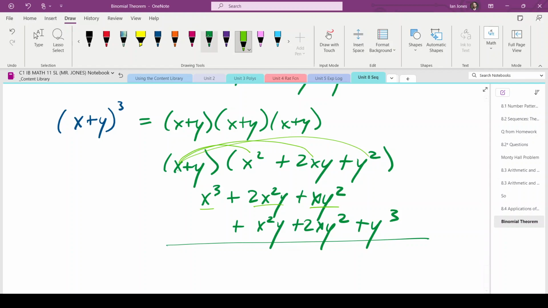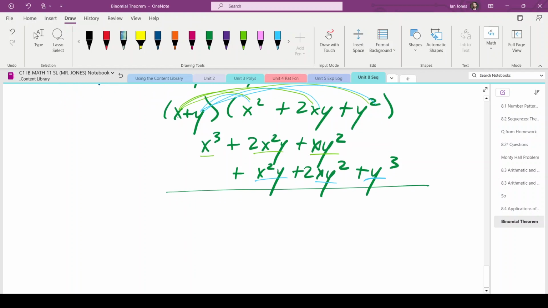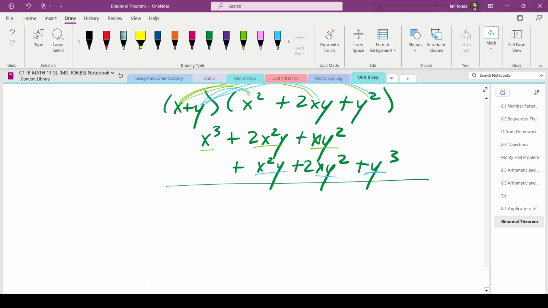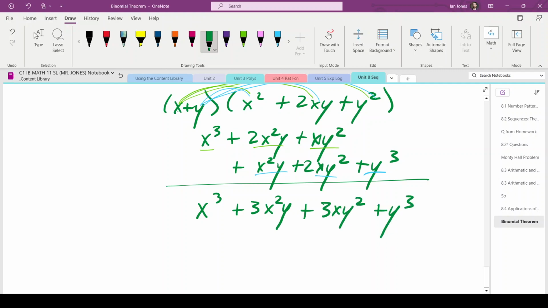But then when I came over to the y times x squared, that being x squared y, I lined it up with the other x squared y. And then the next term, I lined it up. And the last one got its own spot. Okay, so I'm going to add these up to collect my like terms. And what do I get? Well, I get x cubed plus 3x squared y plus 3xy squared plus y cubed.